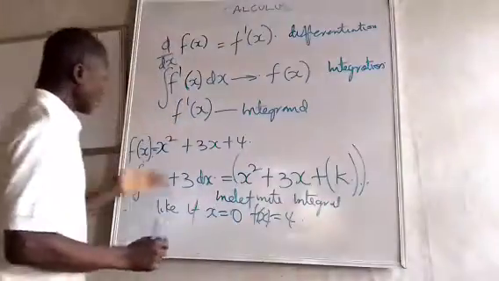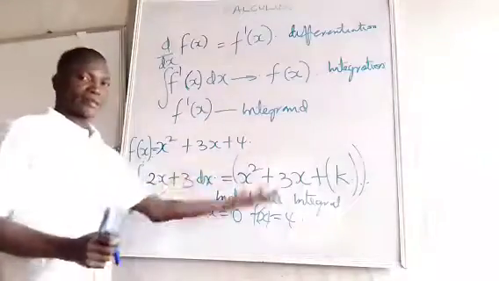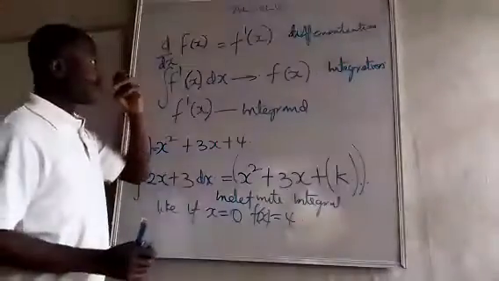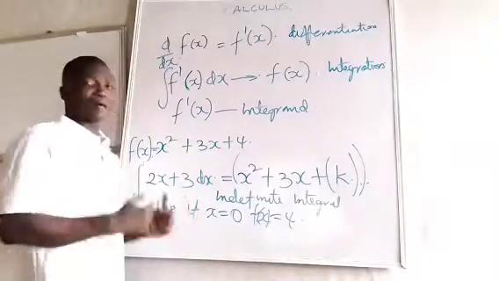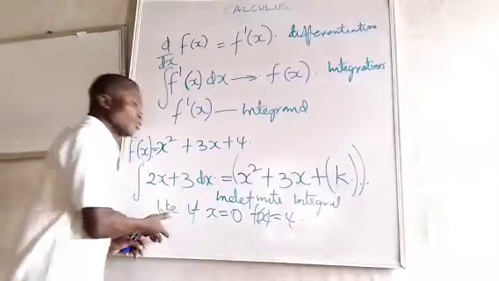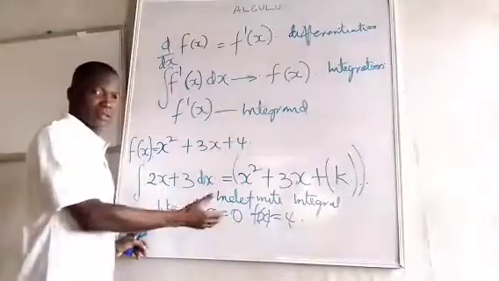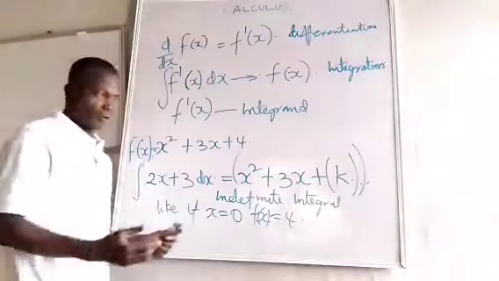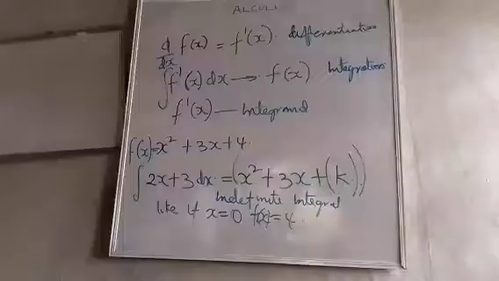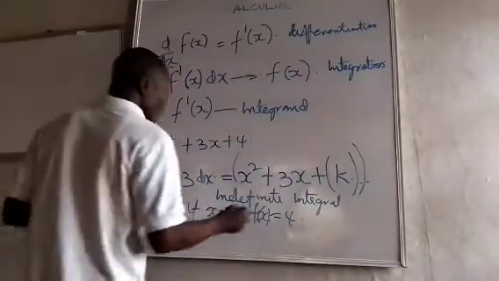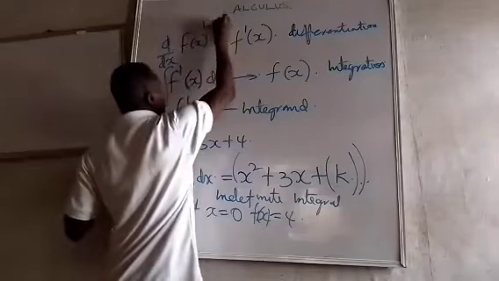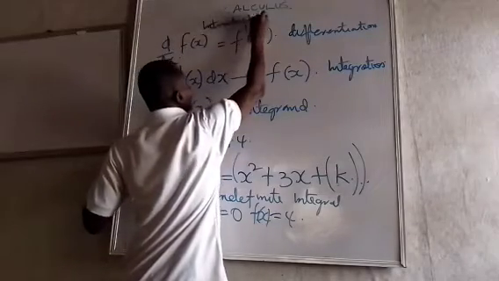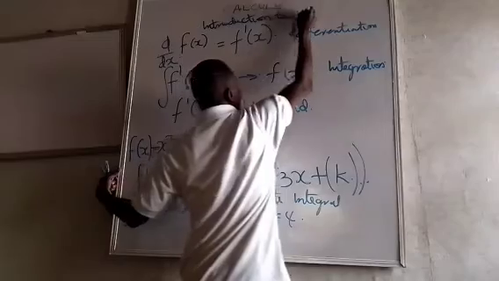Now, since we know that integration is the reverse process of differentiation, let us consider the results we have gotten so far and how we got them, so that we will find integration something fun. So, this is just an introduction to integration.